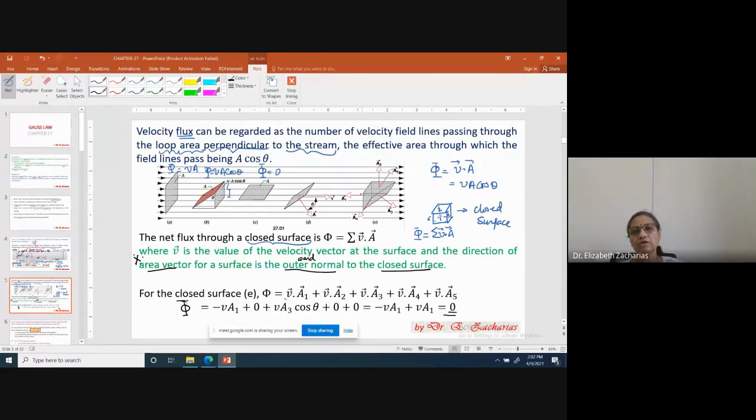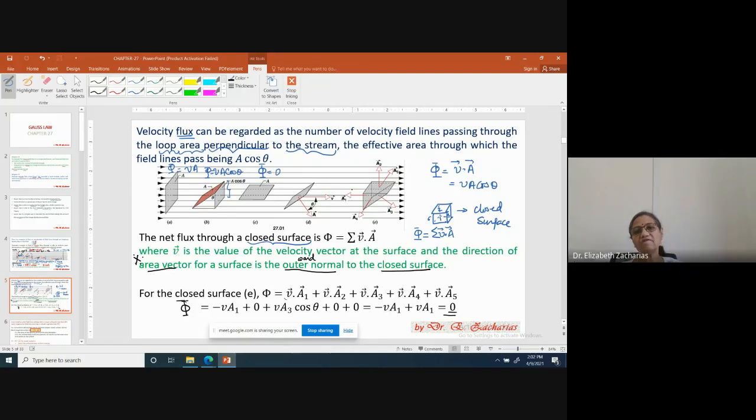You see here, if you look at this A1 surface, and see the number of lines which are entering: 1, 2, 3, 4, 5. And if you see the number of lines cutting from the other side, you will again find 5. And what did I say is pictorially flux? Flux can be pictorially represented as the number of field lines cutting.